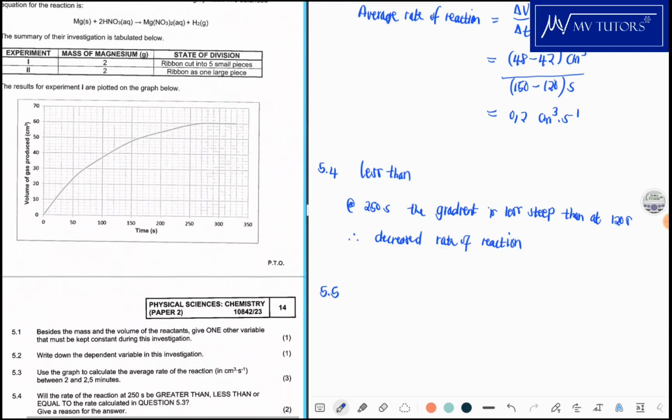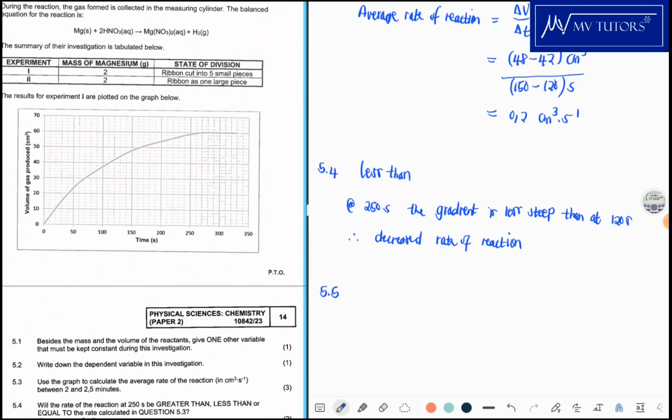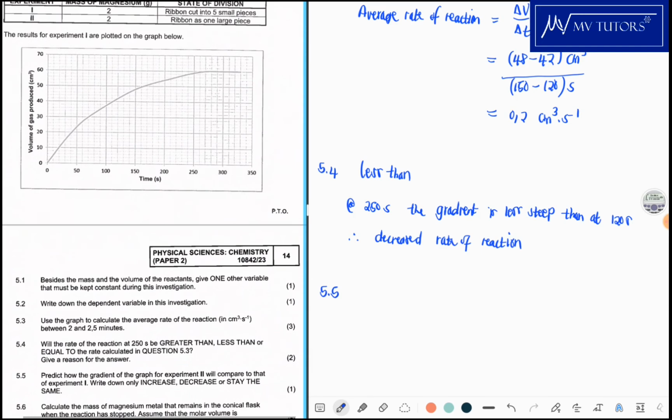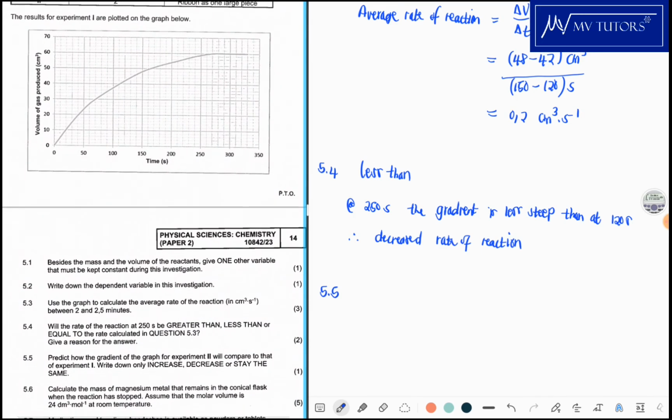Okay, so like I said initially, if it is one large piece, the surface area is not that big, and as a result, the rate of reaction would be less. Okay, and if the rate of reaction would be less, we're expecting the gradient of the graph to actually decrease. Okay, so they didn't really ask for a reason, but it will definitely decrease.